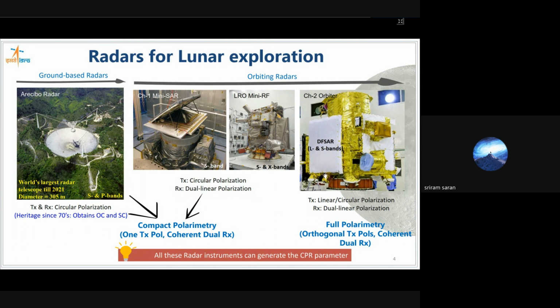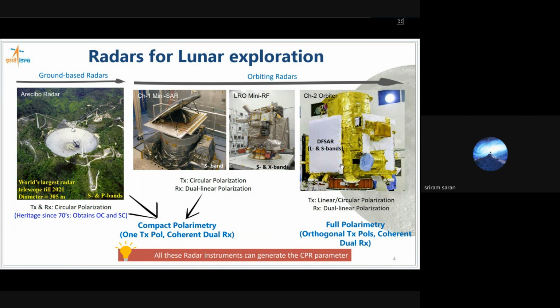Now, the one on the extreme right is the DFSR instrument, that is the dual frequency synthetic aperture radar on the Chandrayaan 2 mission, of whose science team I am currently a part. So this is the first ever fully polarimetric radar instrument sent out for a planetary mission. This operates in both L and S bands.